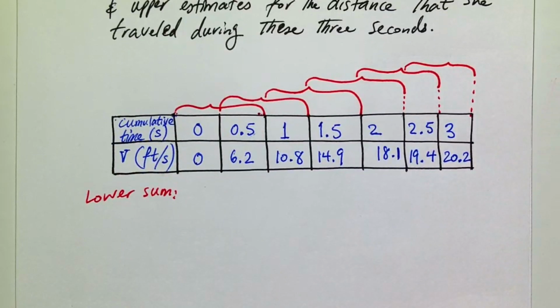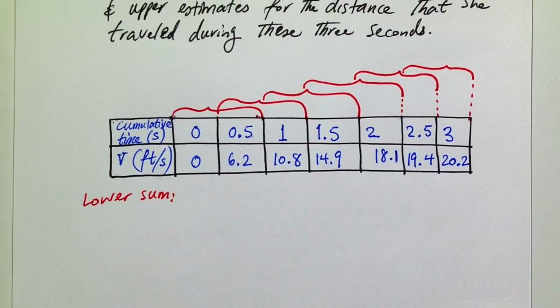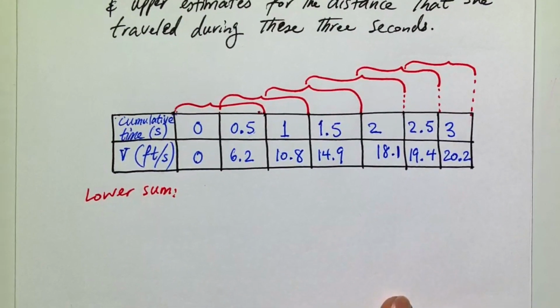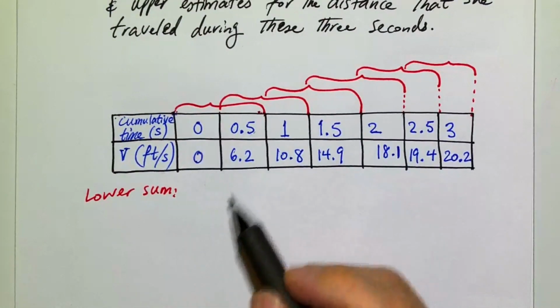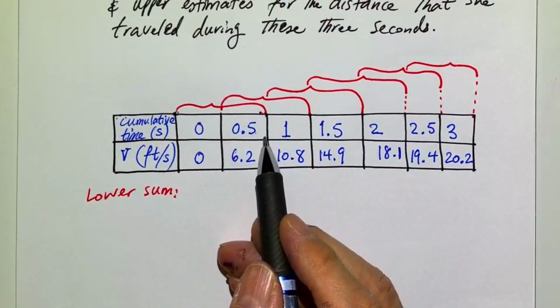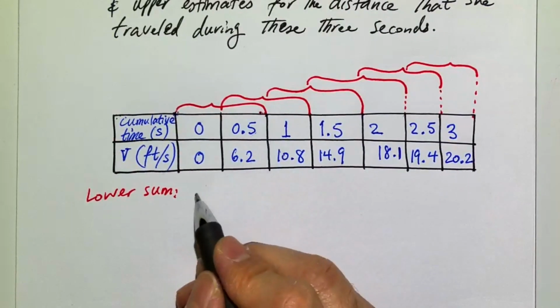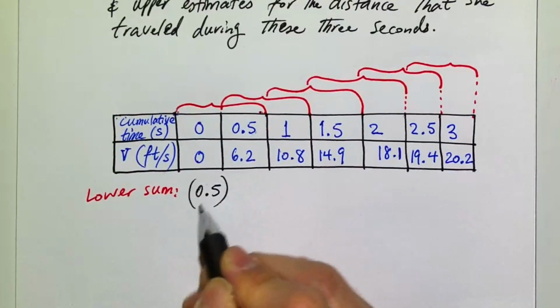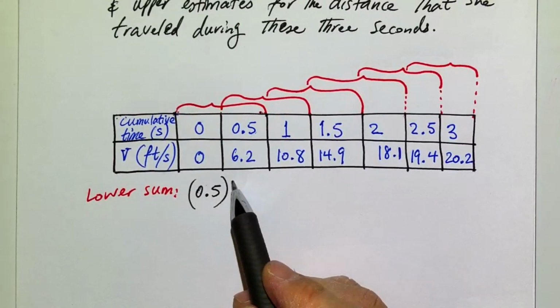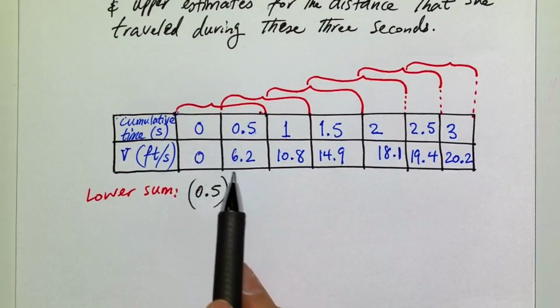Okay, so if we're using the lower sum, each interval is 0.5 second. So that would be 0.5 times 6.2.